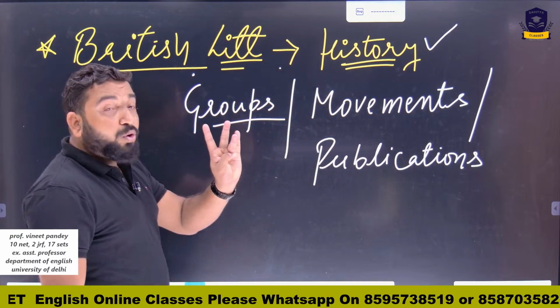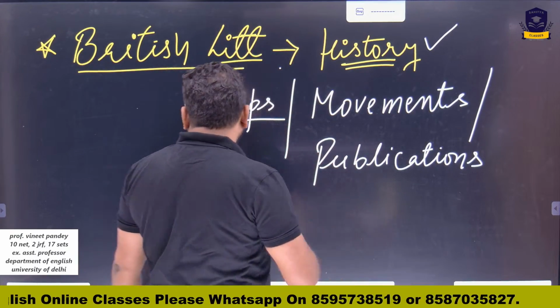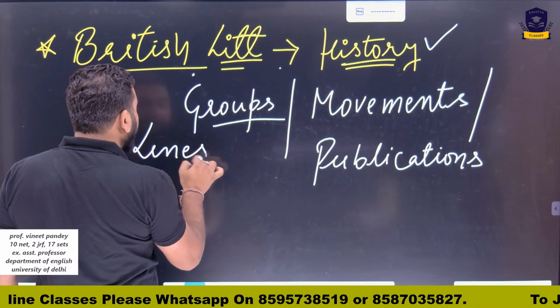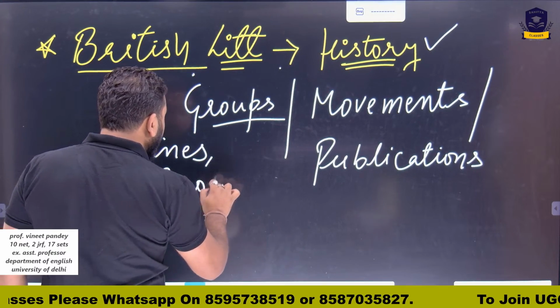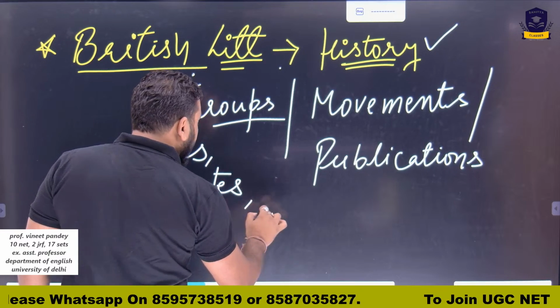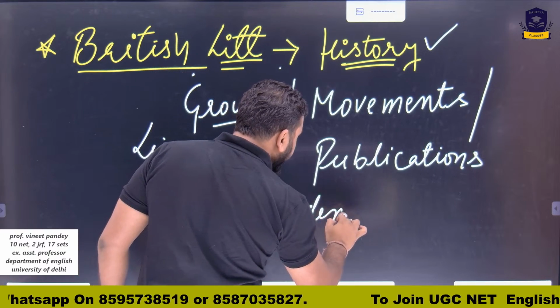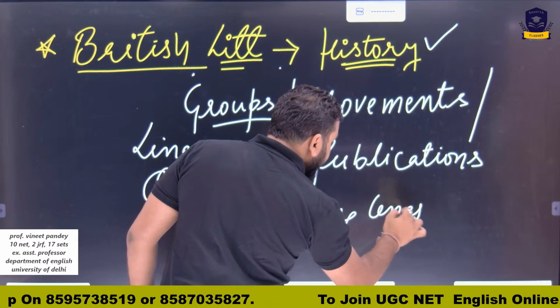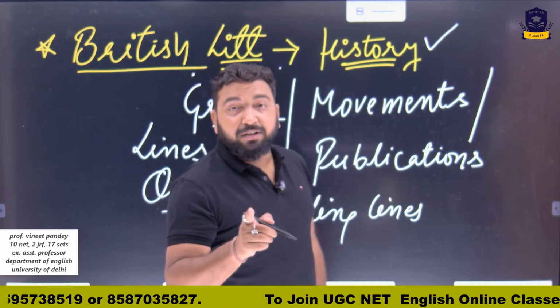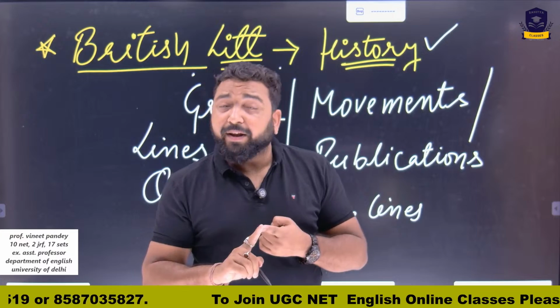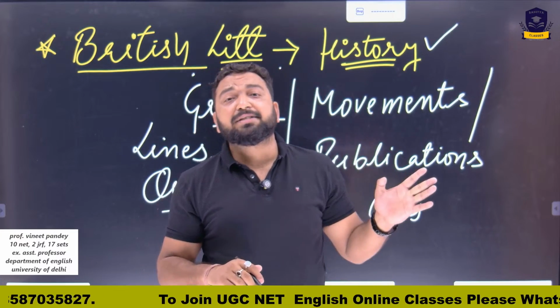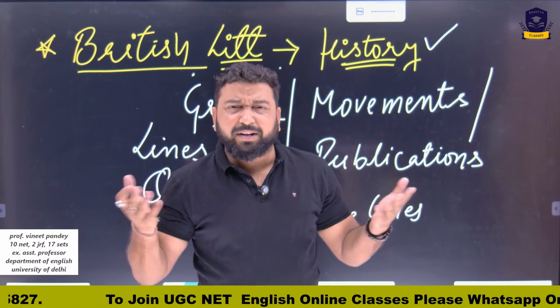Along with this, quotations, you can write lines, quotes, ending lines, and lead characters, hero, heroine. In literary language, we call it protagonist, villain, antagonist, and then other characters.